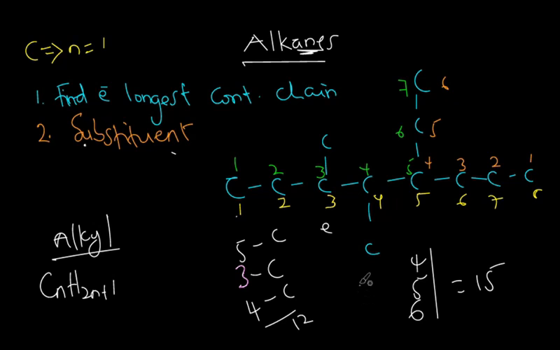So now that we know how to find our substituents and how to give them the least locant, the next thing we want to look at is that if we have two of the same substituents, we use the prefix di for 2, tri for 3, tetra for 4, and all that.